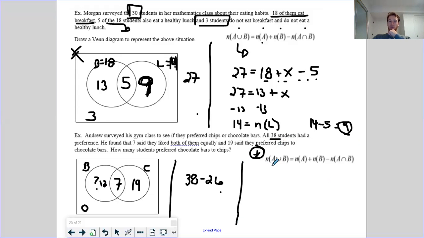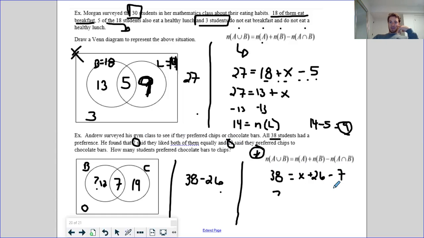So doing it the formula way, A or B, all 38 kids were included, so we put that in. The number in A, we actually don't know. The number in B, we knew to be 26 because they didn't tell you this time, but you would have to know that 7 plus 19 is 26, and then minus the intersection.